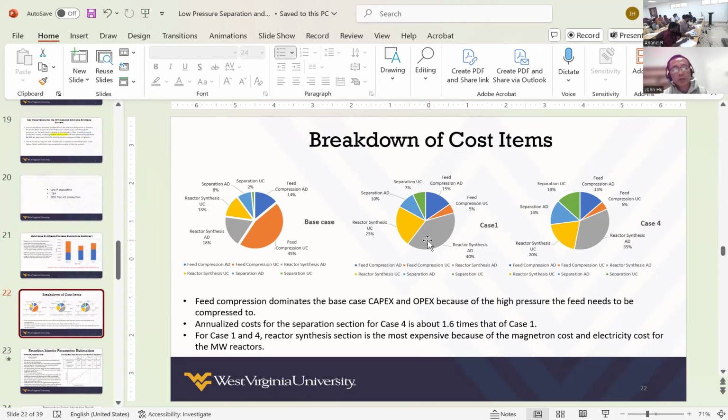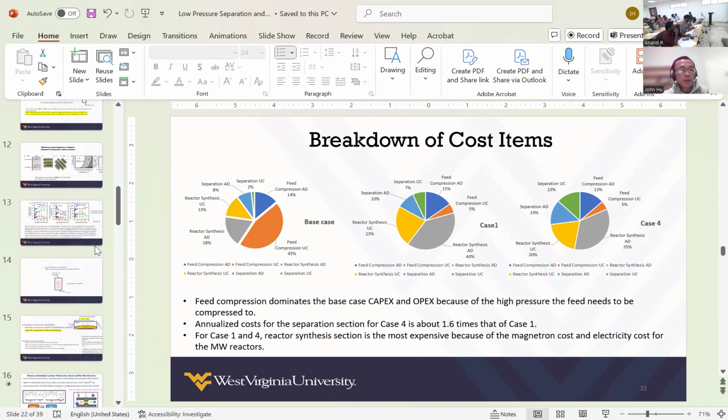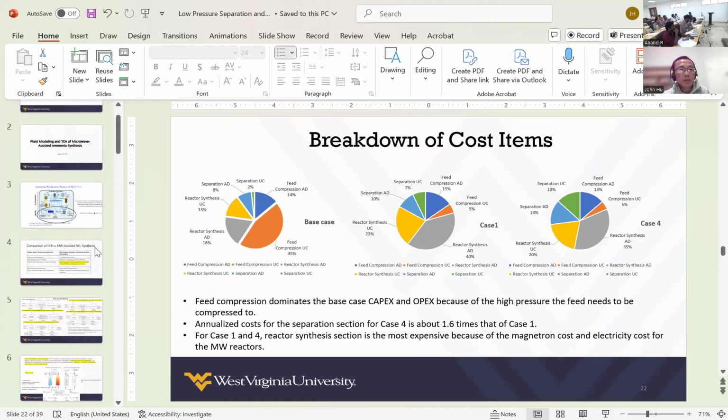The majority is the feedstock compression. There's no need for feedstock compression because we are dealing with a low pressure ammonia reactor and low pressure separation.